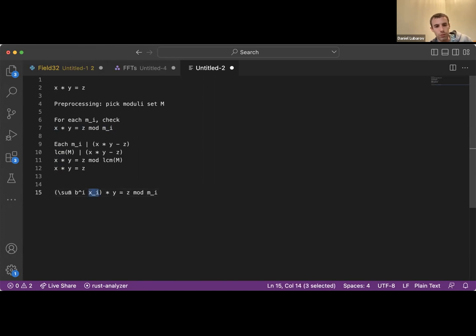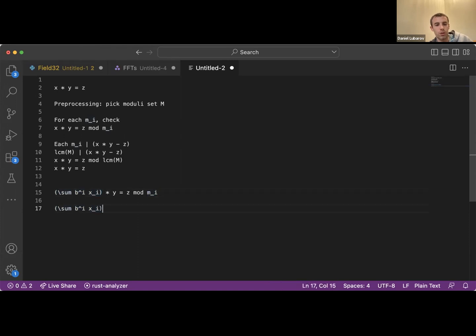There are several digits, and each digit has a weight, which is a power of our base b. The key is that these powers of b are large, but they're static. We know them at preprocessing, and we also know the moduli at preprocessing. So we can partially reduce these quantities.